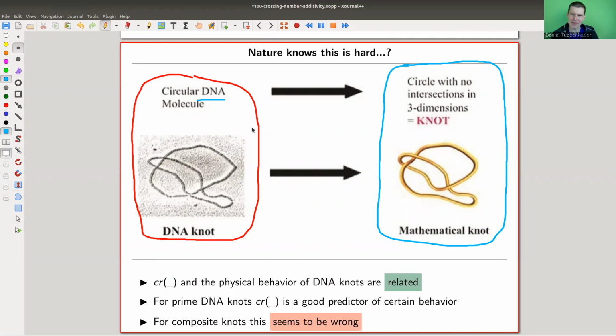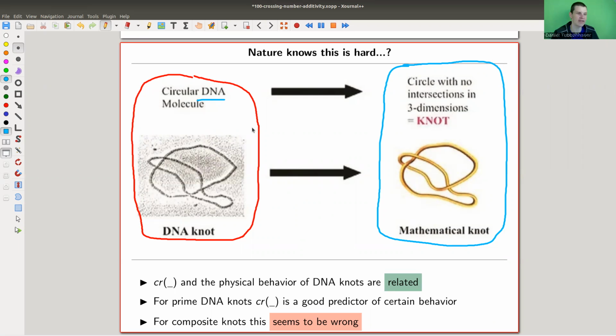It turns out that the crossing number, at least that's what's explained in this paper, measures or predicts the physical behavior of these DNA knots quite well, which is kind of cool. So it's a good predictor. I'm not going to tell you what certain properties it is. That's beyond me. It's too much physics and biology, but the paper is linked in the description.